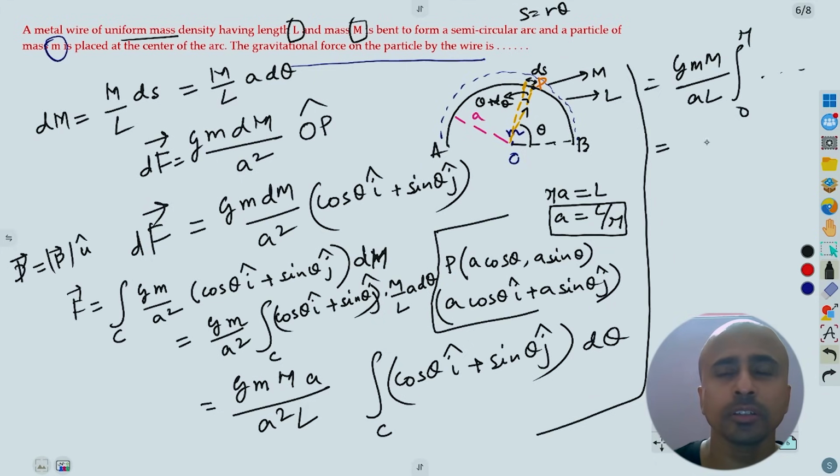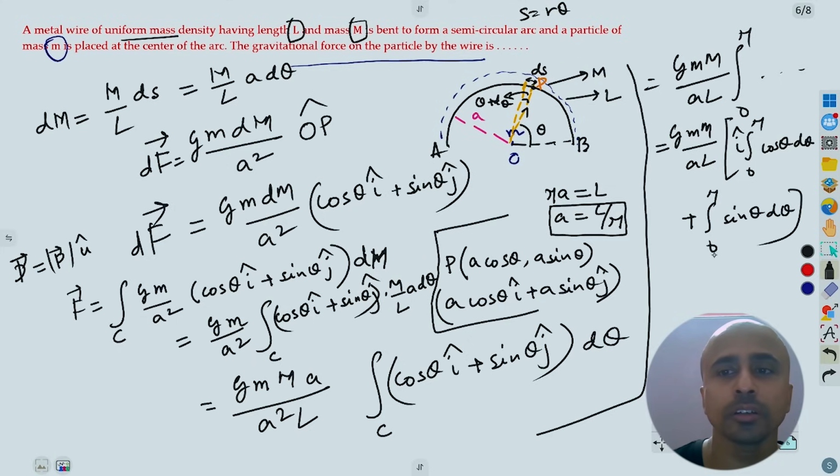Now observe that this is 0 to pi cos theta i cap. Let's pull out i cap outside also: cos theta d theta plus 0 to pi sin theta d theta.